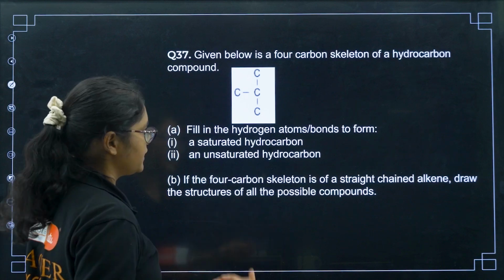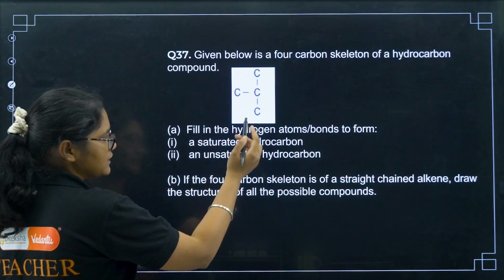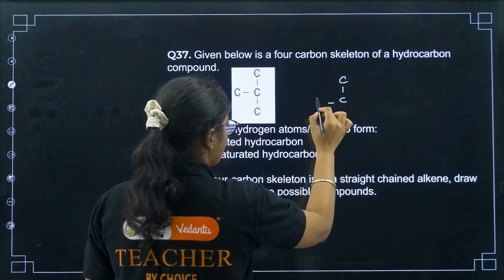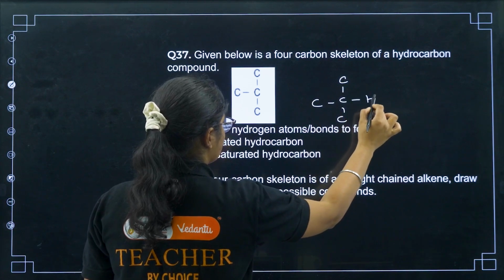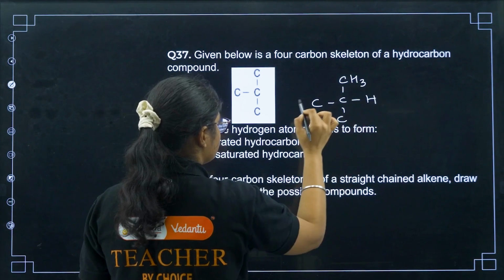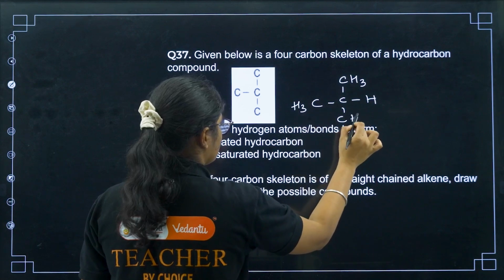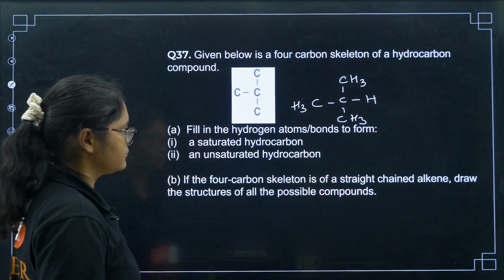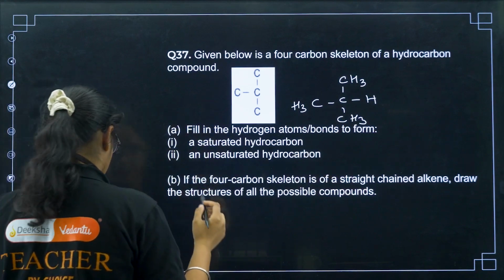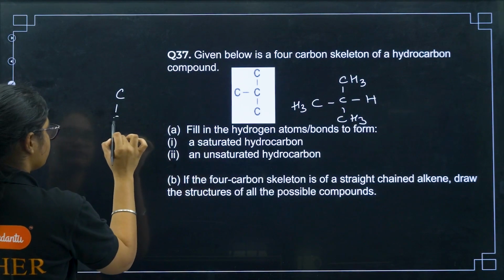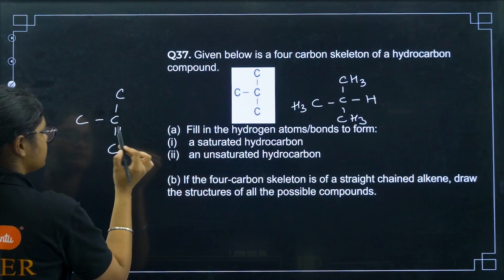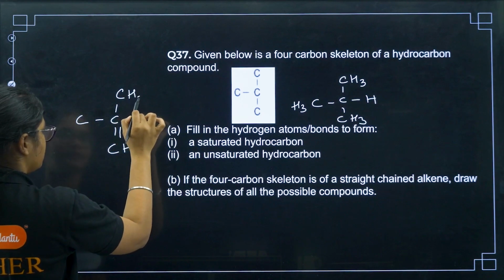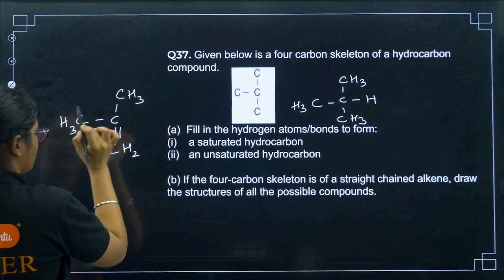To form a saturated one, you can just add 1 hydrogen here and 3 hydrogens here. Then you have to add hydrogen to have an unsaturated hydrocarbon. So for unsaturated, I'll make this one a double bond. Then here 2 hydrogens, then 3 hydrogens and 3 hydrogens.